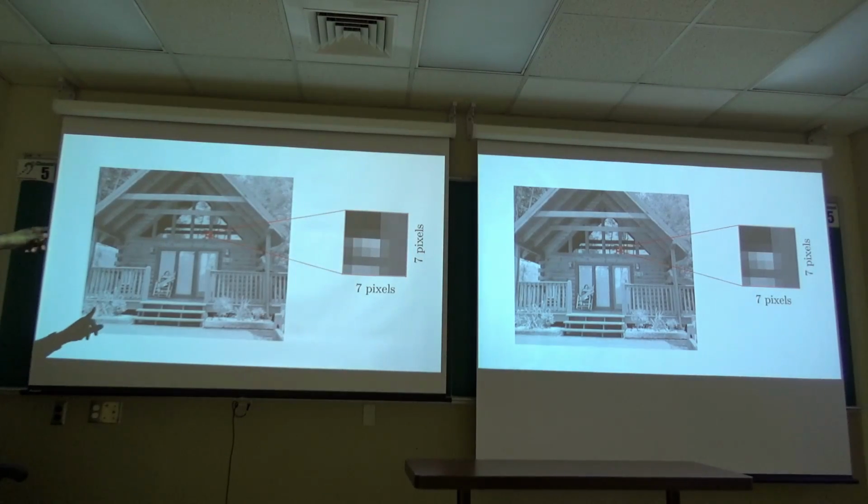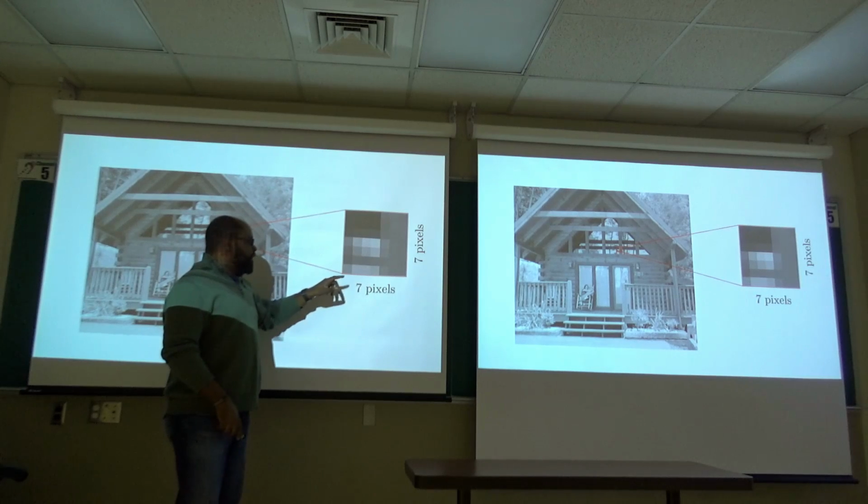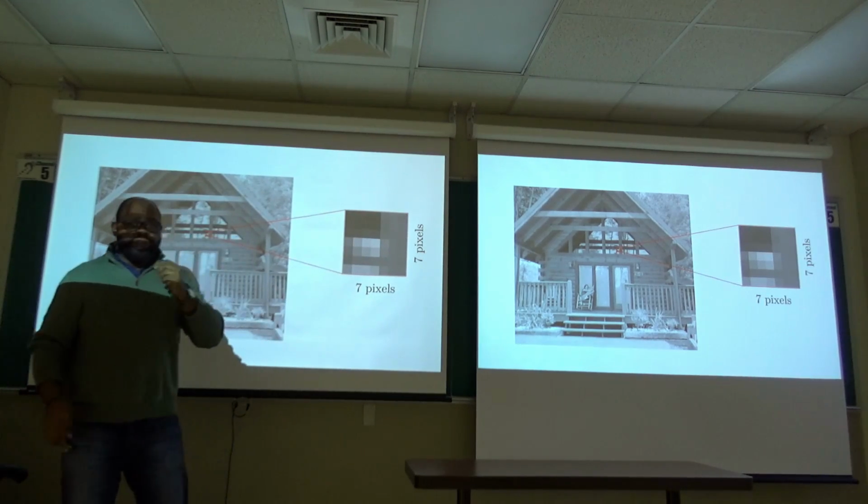If you look at a photo, perhaps it looks continuous to you, but if you look very closely, you will see that it's just a matrix, at least for a grayscale image. Each pixel is just a value between 0 and 1, telling you the grayscale.